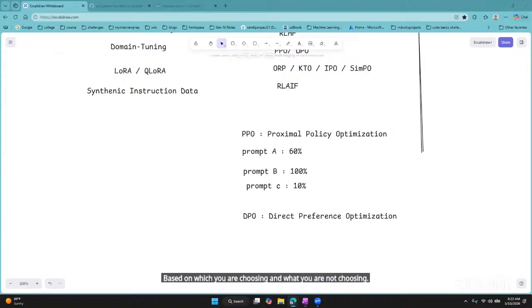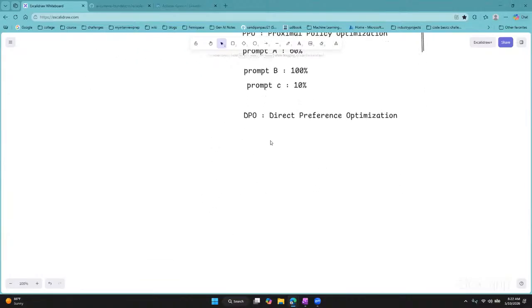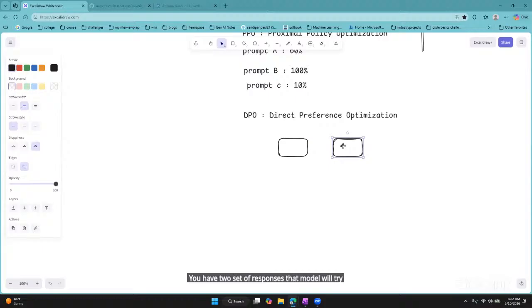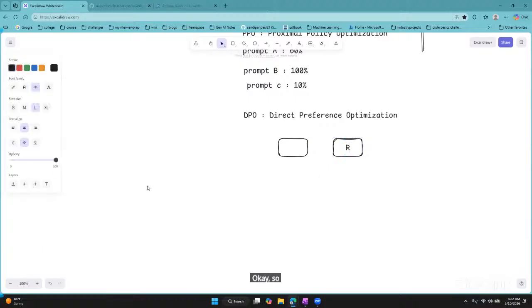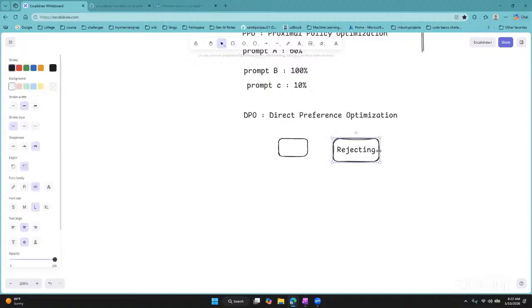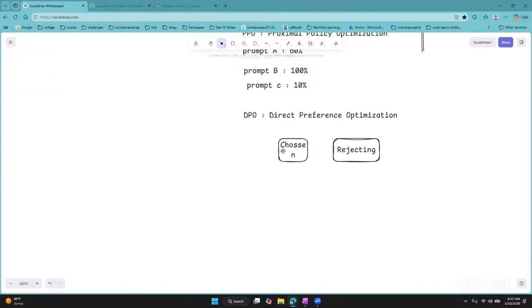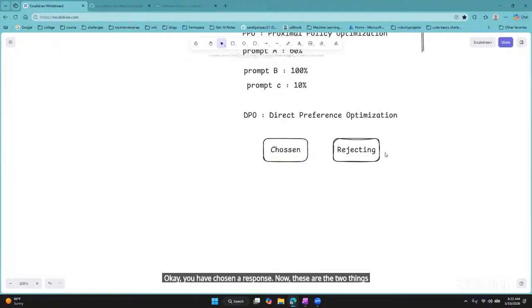For example, in DPO, you have two sets of responses that the model will try to align. One is the response you are rejecting. The other is the response you have chosen. These are the two things that DPO considers.